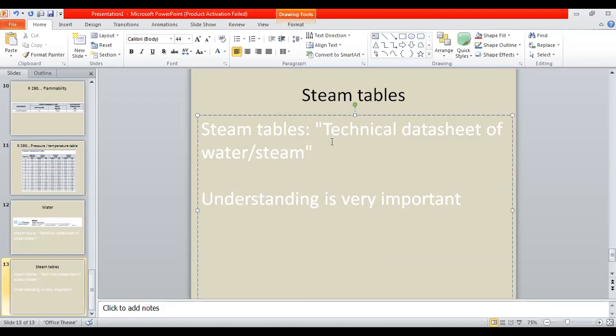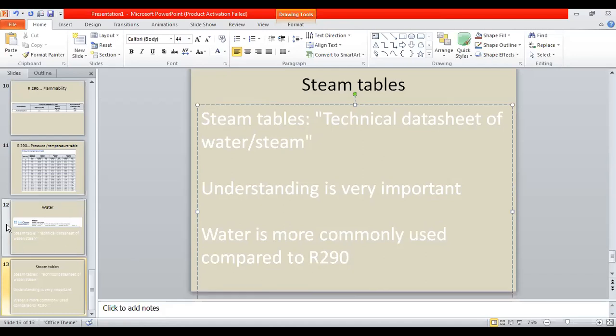Yeah. Water is more commonly used compared to R290. What is more common? But R290 also, it is common. Interesting.